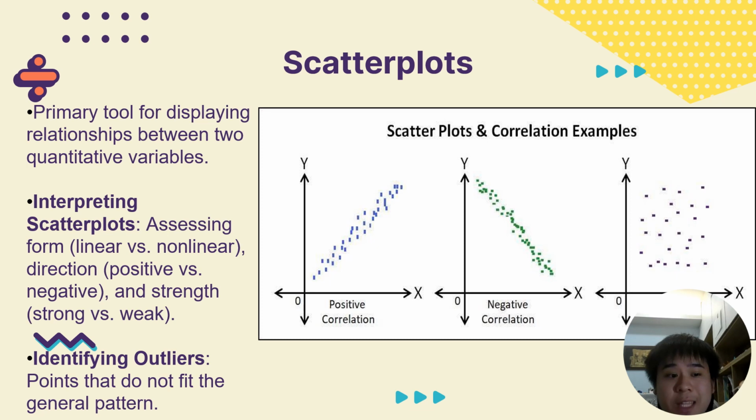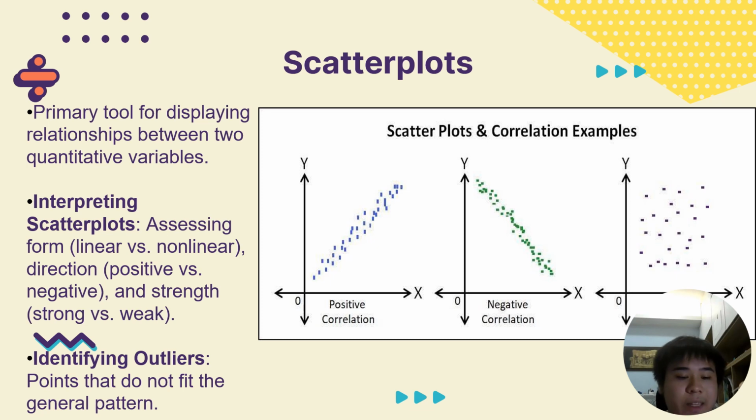It represents the rate of change and shows the direction and the strength of the relationship. For example, let's look at this picture. The left one is a positive correlation, since we have a positive slope. The middle one is a negative correlation, since it has a negative slope. And the right one has no correlation because there's no pattern. It's completely random, without any relationship.